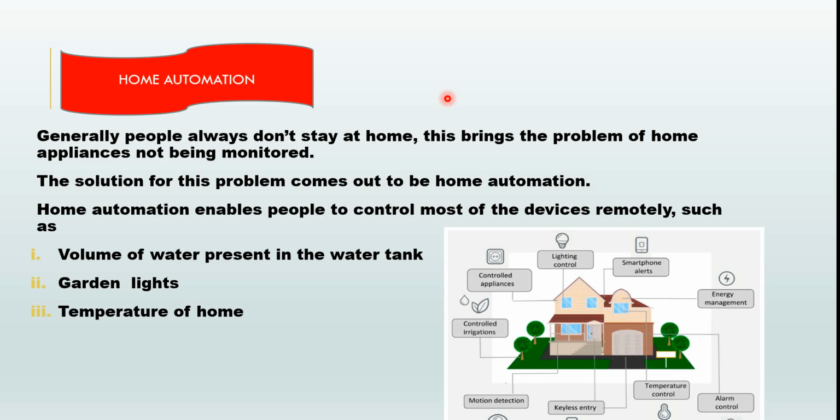Later, after reaching college, we remember that we left them on, and we are unable to go back to turn them off, so electricity will be wasted. For easy access, we can control those lights and whatever applications are in the home from our mobile itself. This is the main motto of home automation.